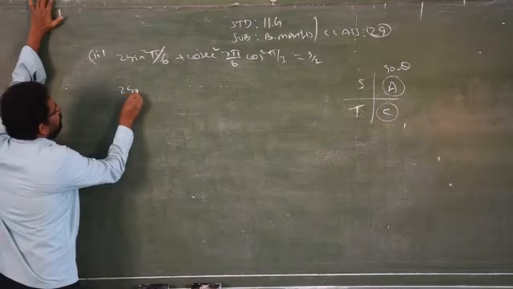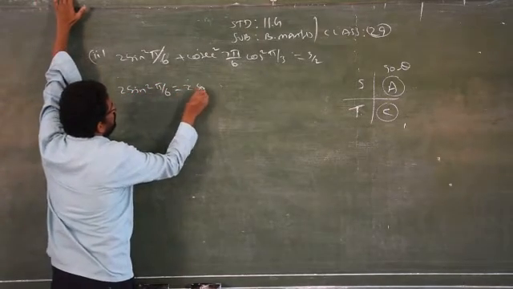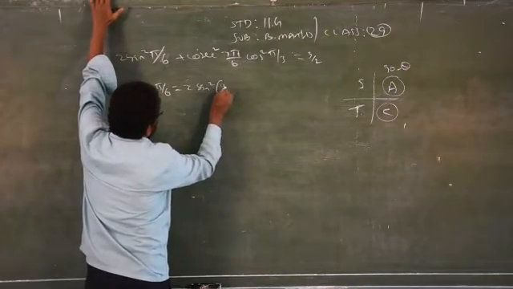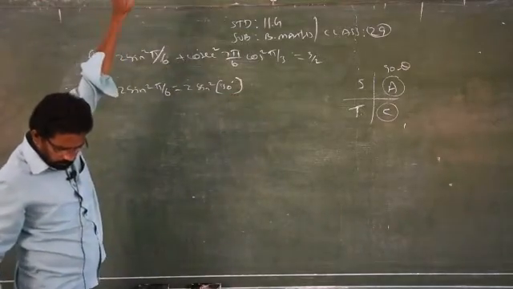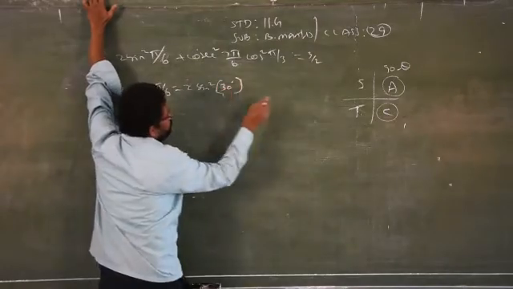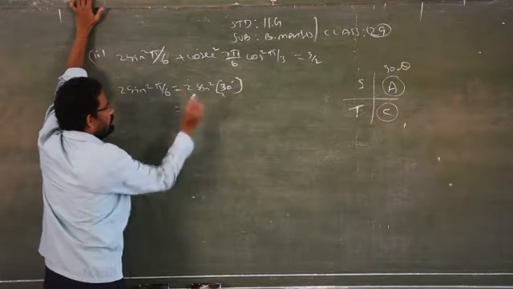So now you have to find the first term value, 2 sine square pi by 6. Pi by 6 is nothing but 30 degrees. 30 degrees falls on which quadrant? 30 falls on the first quadrant. All are positive, therefore no changes.